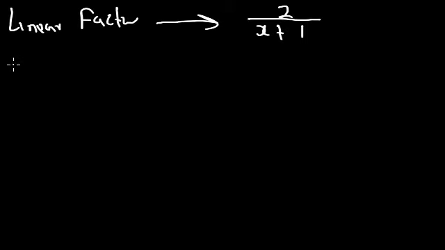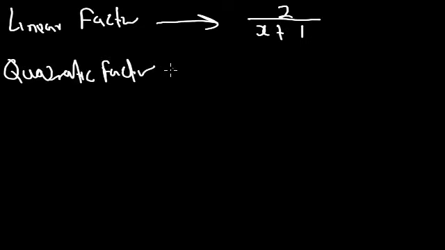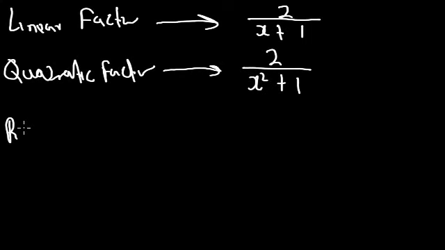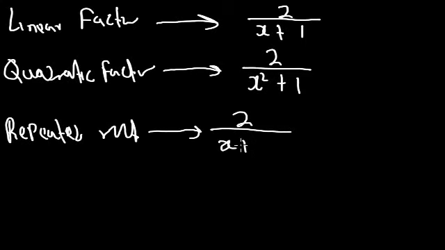The second case is a partial fraction with a quadratic factor, like 2 divided by x squared plus 1. And the third case is a partial fraction with repeated roots. When we say repeated root, we are considering something like 2 divided by x plus 1 all squared. The linear factor is repeated more than once.